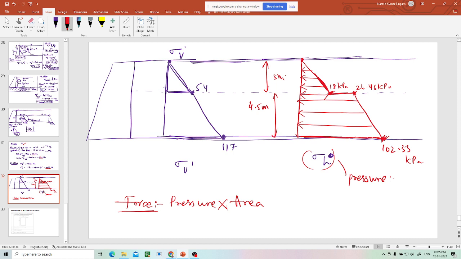Length into height, correct? If it is a triangle or a trapezoid, it's not about that. You may be right, but my question is that if somebody asks which area, what you have to tell is the area on which this pressure is acting. Now, if I talk about this pressure, where is it acting? Suppose this is a retaining wall.